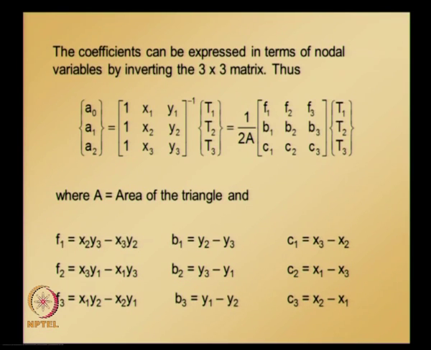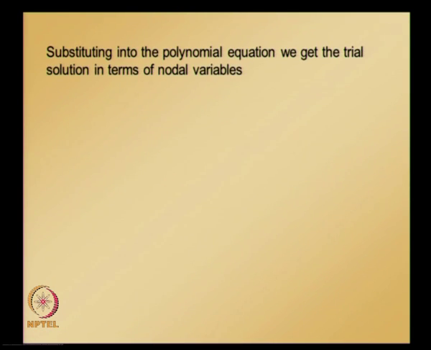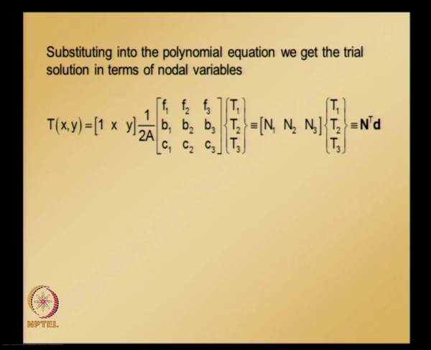So, now substituting a0, a1, a2 back into the equation that we started out with, T is equal to a0 plus a1 x plus a2 y, we get the trial solution in terms of nodal variables or nodal parameters.